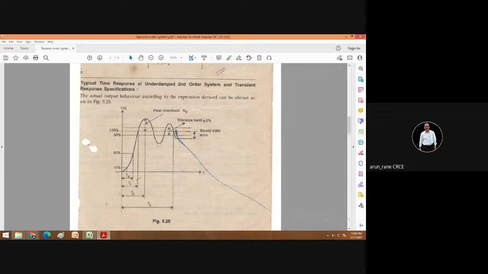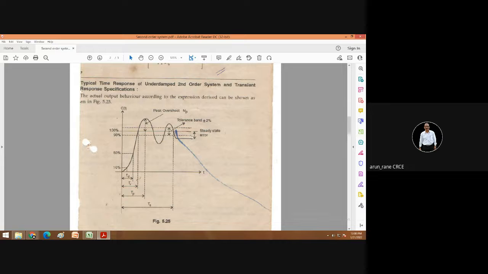The system is initially in an unsteady state. The maximum value where it reaches is your peak overshoot, and it is shown by Mp.